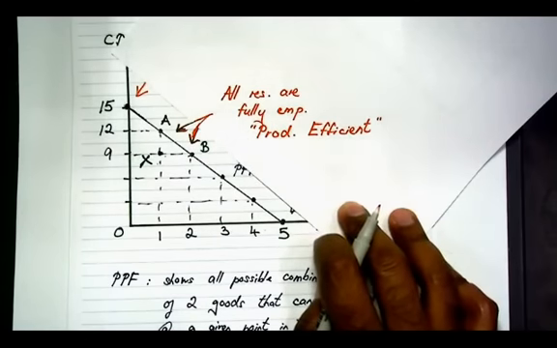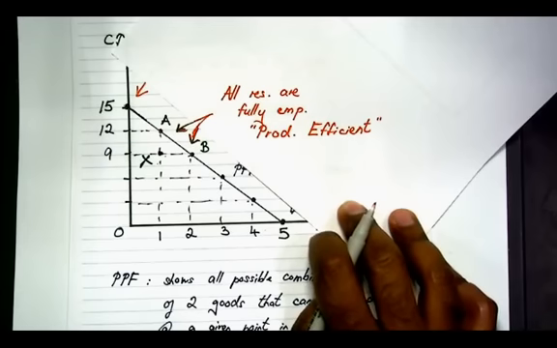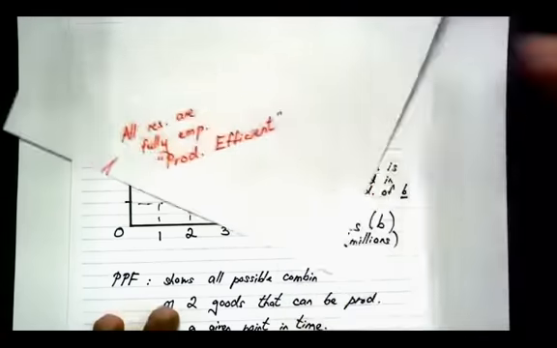All okay with that? So X is possible, A is possible, B is possible, but the difference is X is inefficient, A and B are efficient.